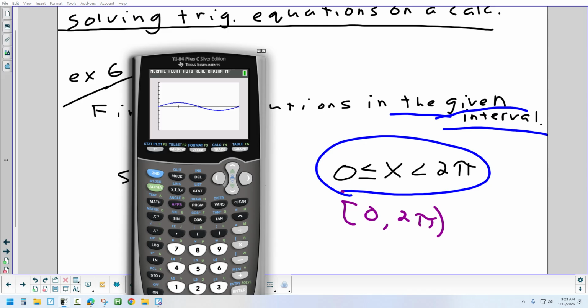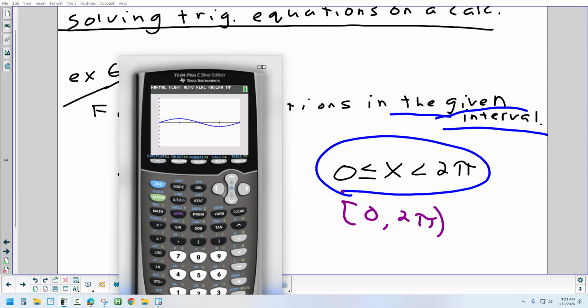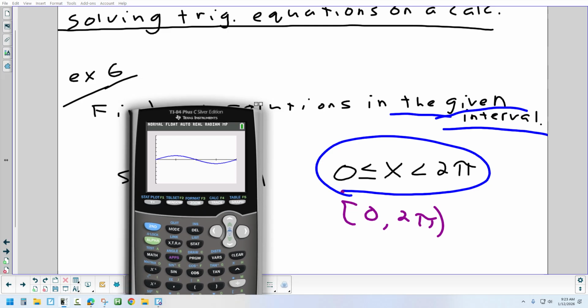Because the point at the beginning of the interval will effectively be the same as the point at the end of the interval. Right. This is exactly the same as that. It's just that one is one cycle later. So that's why when you are setting a window to one period or one cycle, you don't include both edges of the window. Generally, they include the left edge, not the right. That's how they do it.